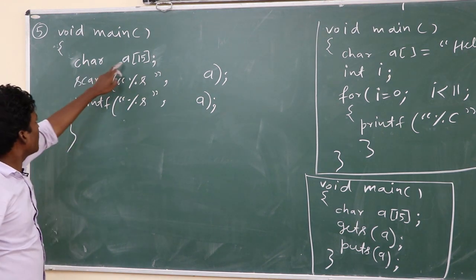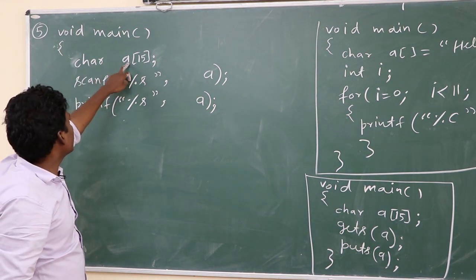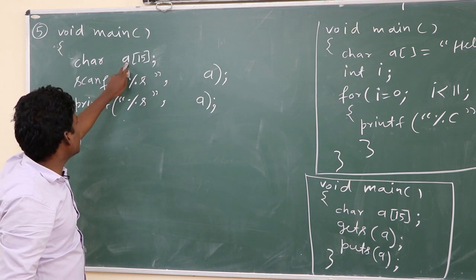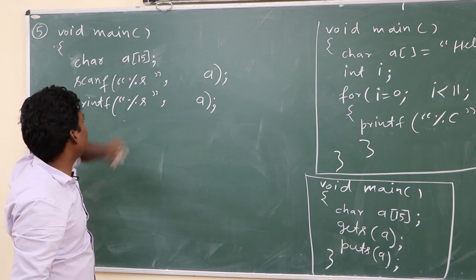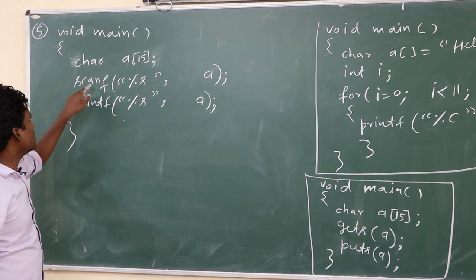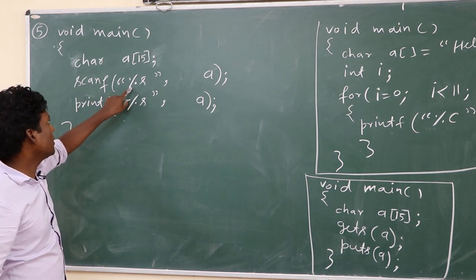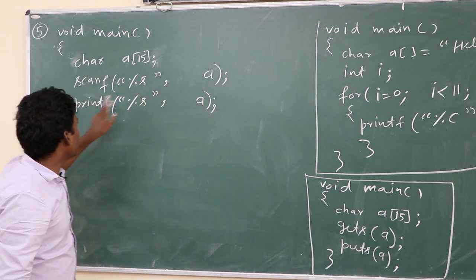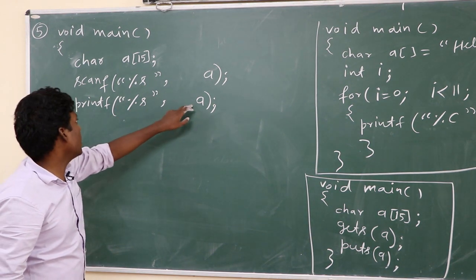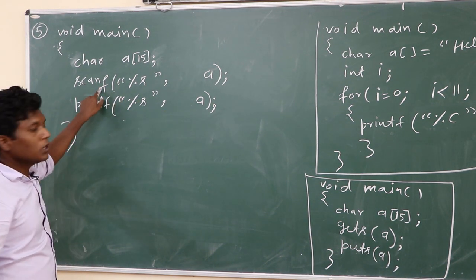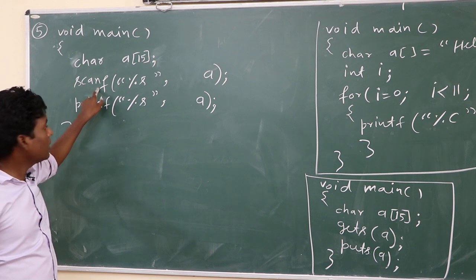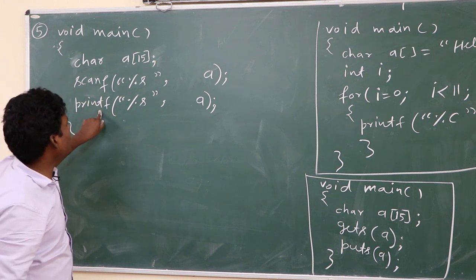Class, here is a string a which can store up to 15 characters. scanf %s a, printf %s a. This scanf is used to input the string, and this printf is used to print the string.